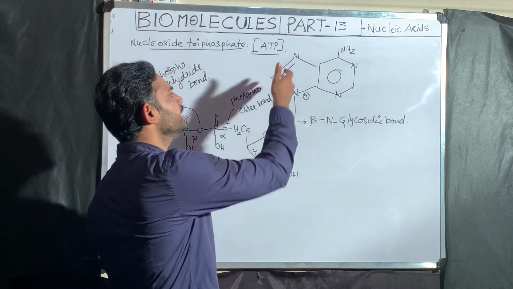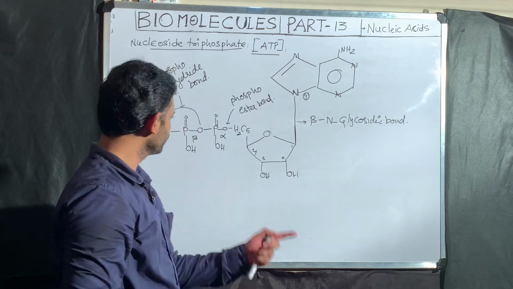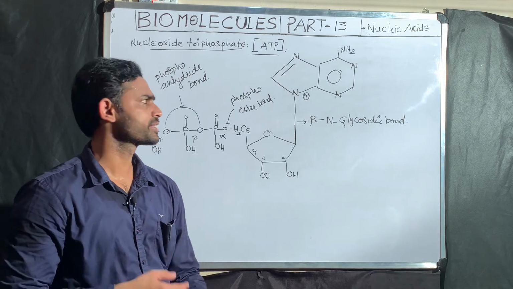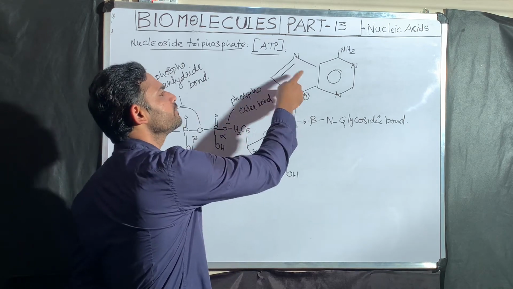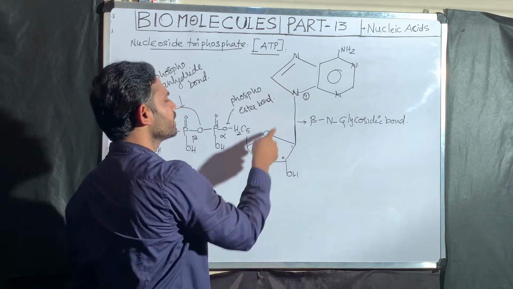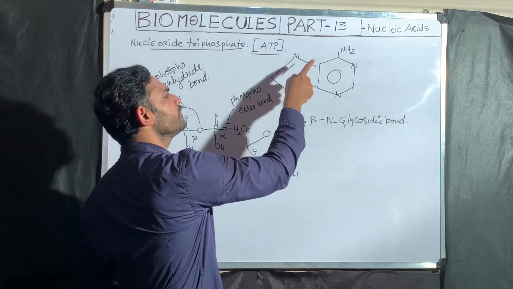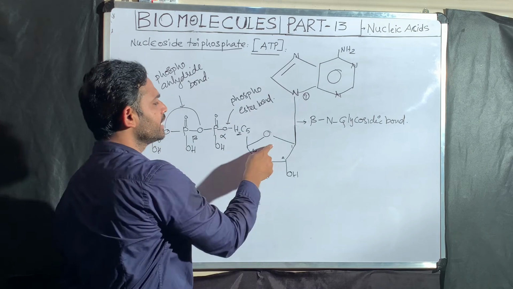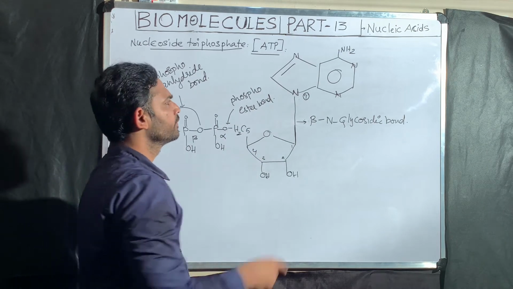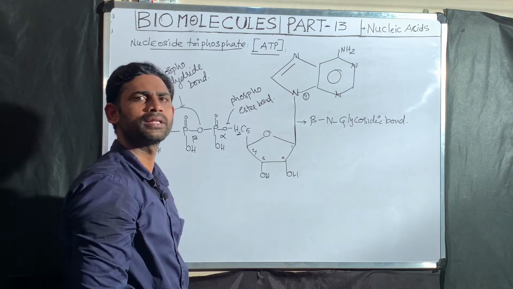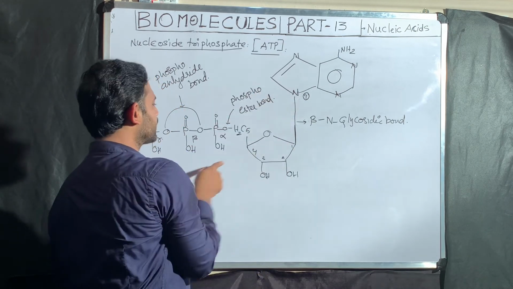For example, here I placed A, adenine, and you call it adenosine triphosphate. Now you need to understand: instead of adenine, if I place guanine, automatically it is guanosine triphosphate. Instead of guanine, if I place cytosine, it is cytidine triphosphate. If I place uracil, uracil plus ribose sugar together is called uridine, so uridine triphosphate.